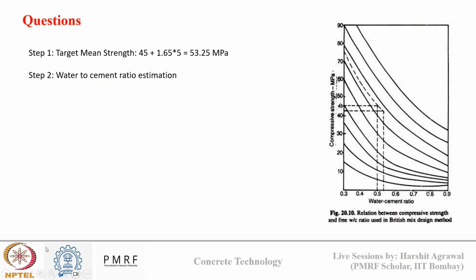Now in this table, at 42 MPa, I will draw a horizontal line and a vertical line through point 0.5, and check where they intersect. They intersect somewhere here. Now across this point, I will draw a curve.